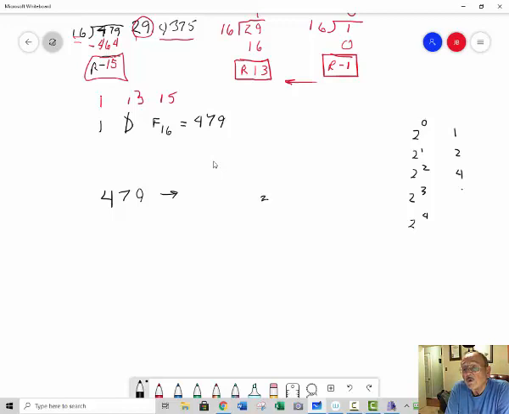Well, that's 1, that's 2, that's 4, that's 8, that's 16. 2 to the fifth would be 32. 2 to the sixth would be 64. 2 to the seventh is 64 times 2, that's 128. 2 to the eighth is 256.